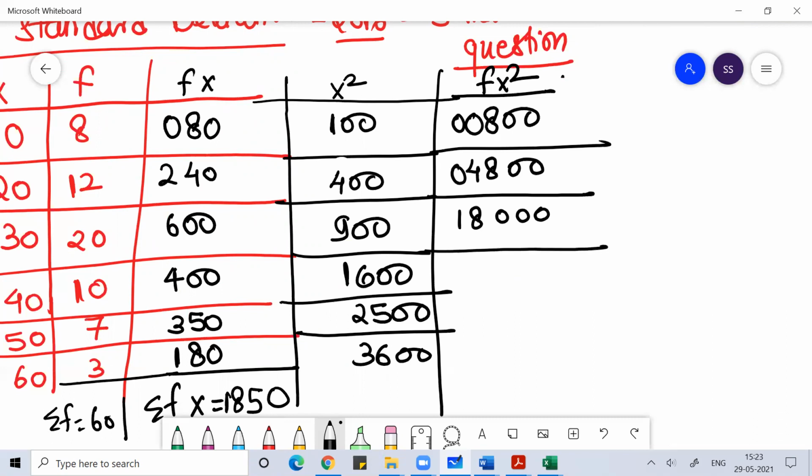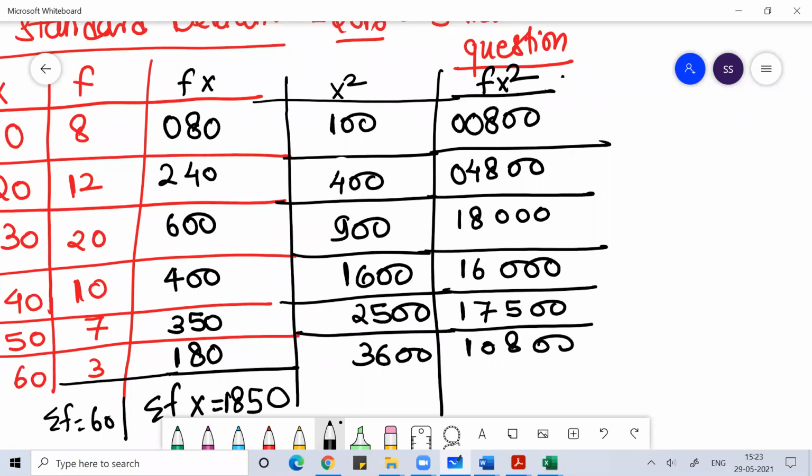Then this is 16,000. Then this is 25 sevens are 175, 17,500. And then 36 threes are 108, 10,800. So I'll find sum of fx square.